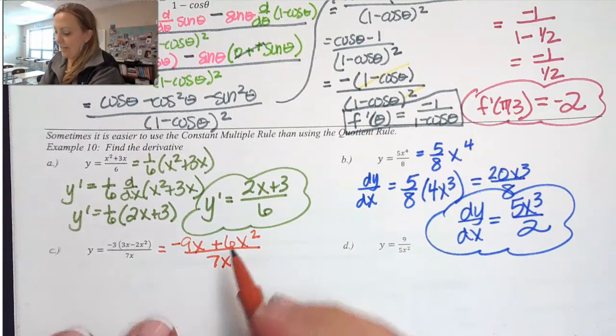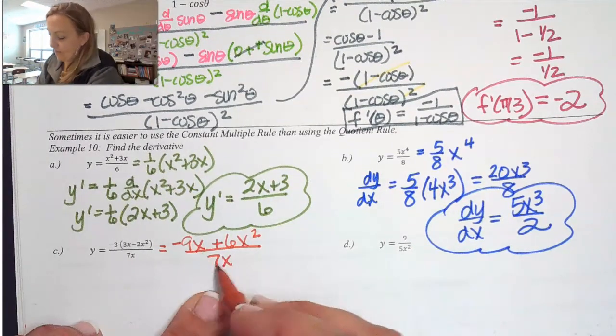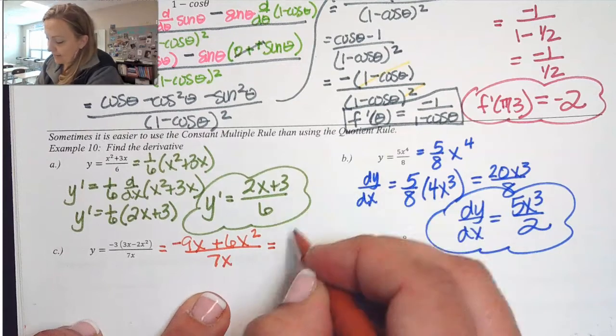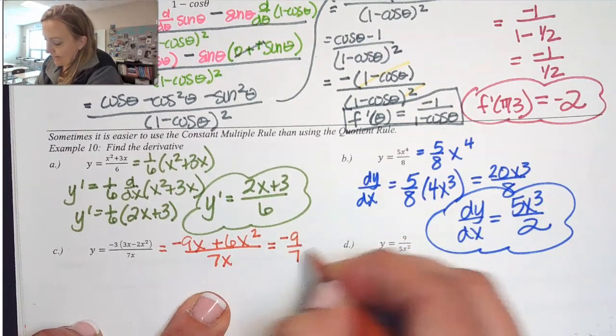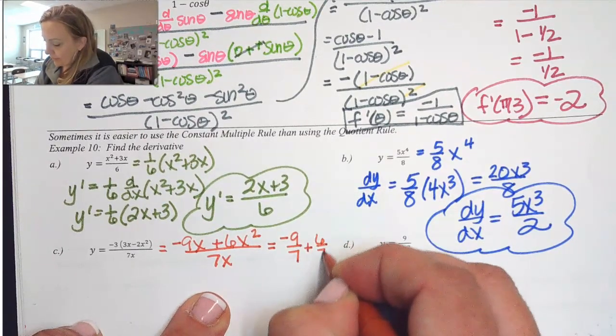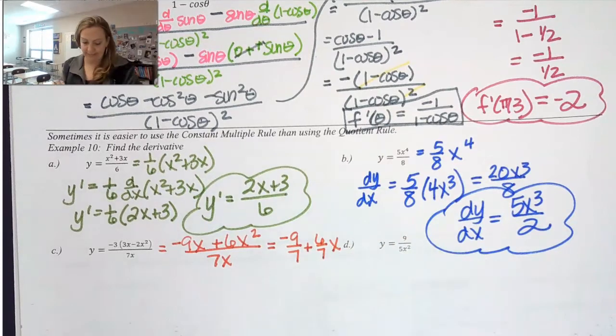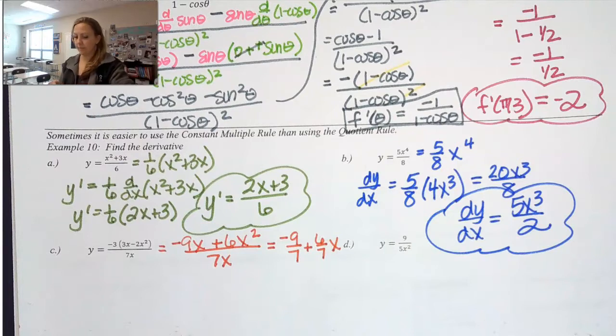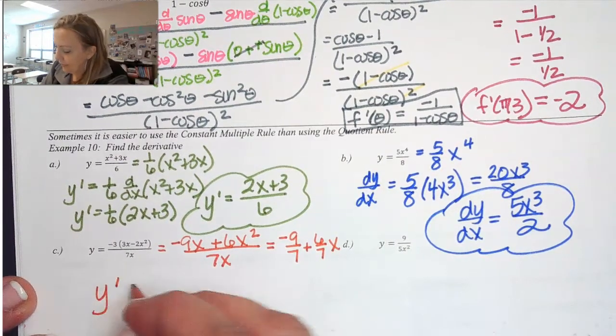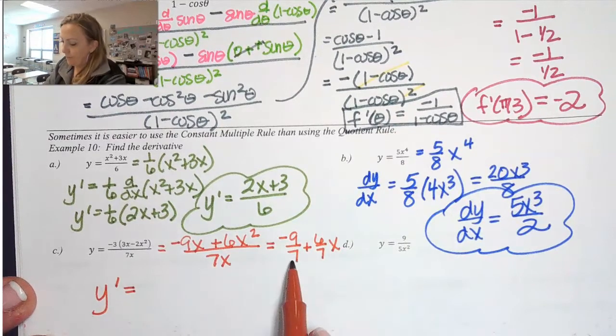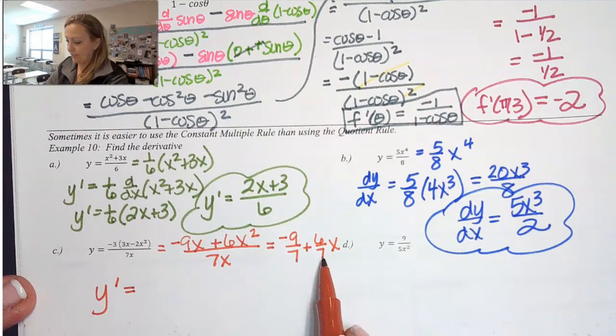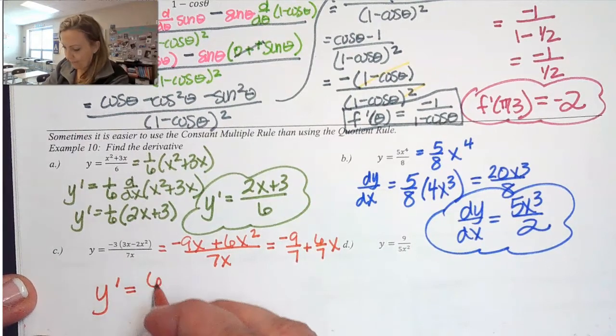Then I can divide each term by 7x, and that gives me -9/7 plus 6/7 x. So my derivative would basically be 0 plus 6/7. So my y prime is 6/7.